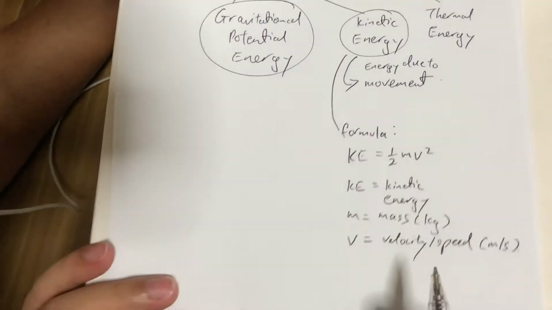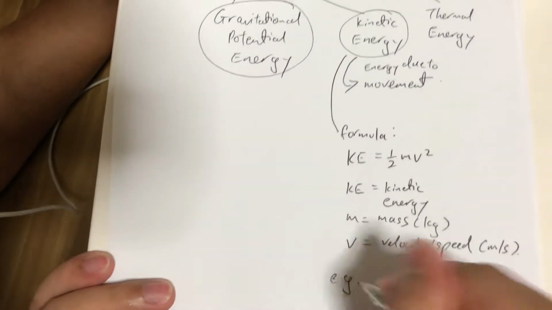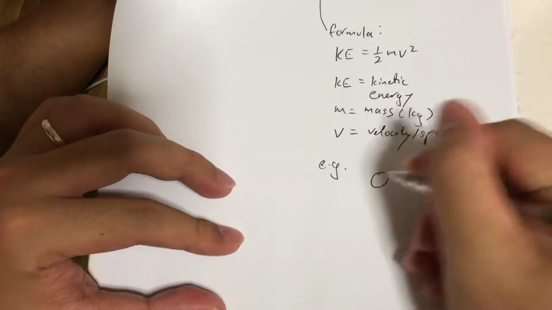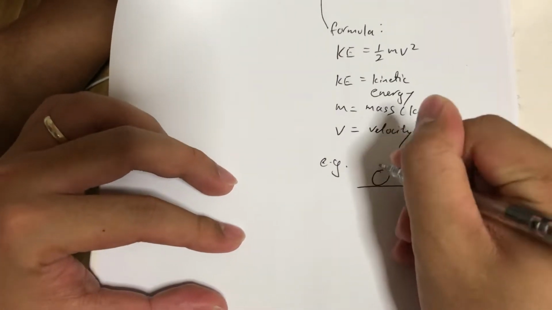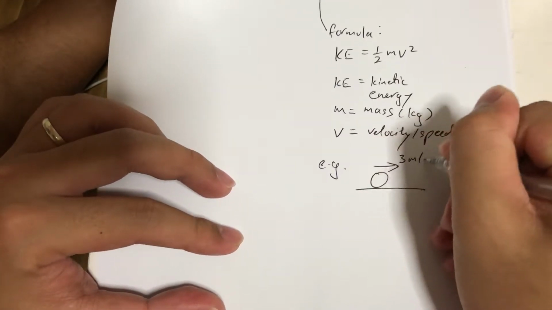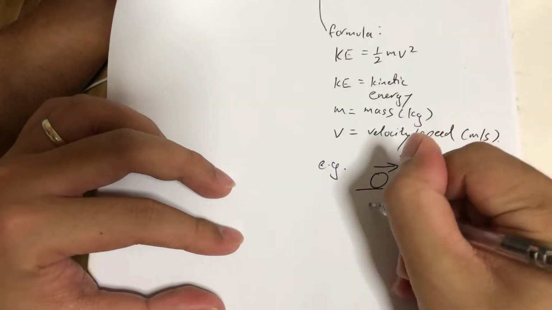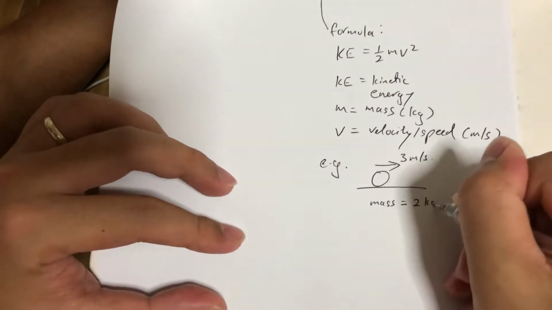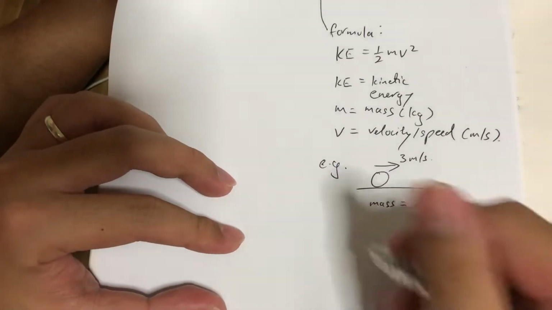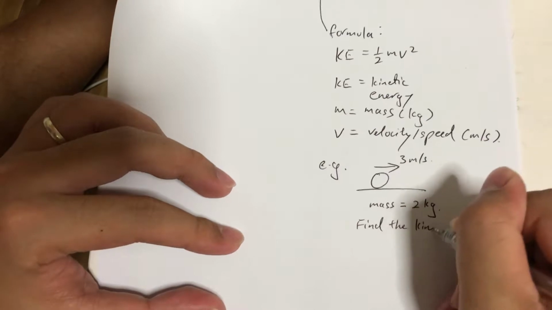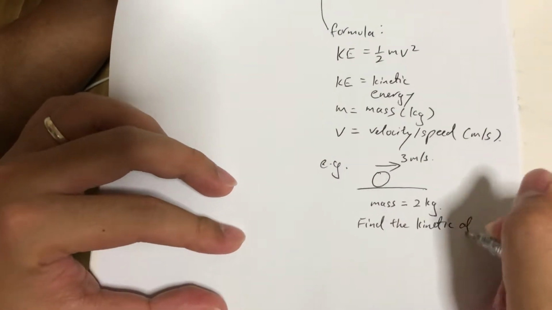Let me do a very quick example here. A ball is rolling on the surface at 3 meters per second. The mass of the ball is maybe 2 kg. Find the kinetic energy of the ball.